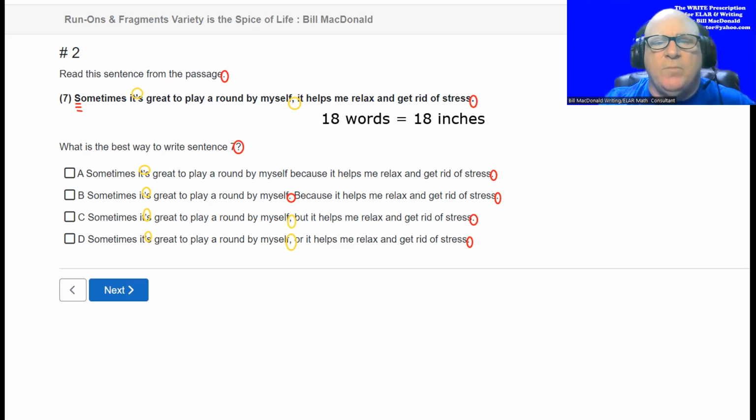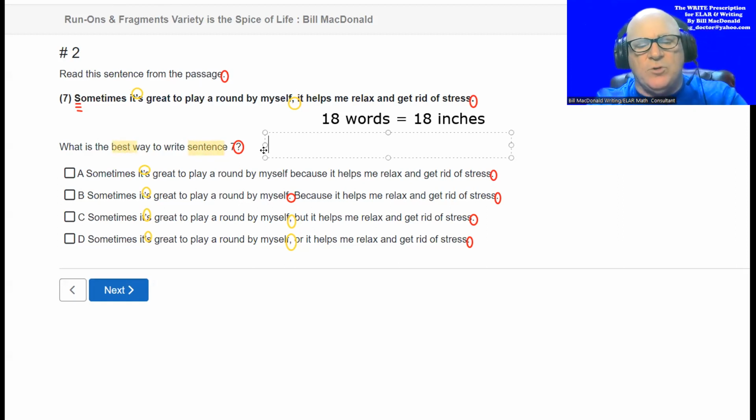Okay. So because we see the word capital, what is the best? And then sentence 7, it's one sentence. Then what you have to remember is, oh, that was rule number 2.